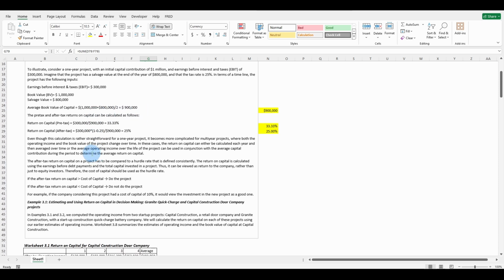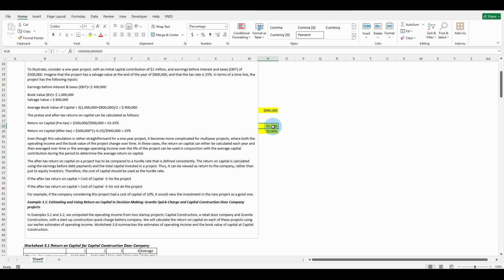The pre-tax and after-tax returns on capital can be calculated as follows. Return on capital pre-tax, $300,000 divided by $900,000, 33.33%. Return on capital after tax, $300,000 times 1 minus 0.25 divided by $900,000 equals 25%.